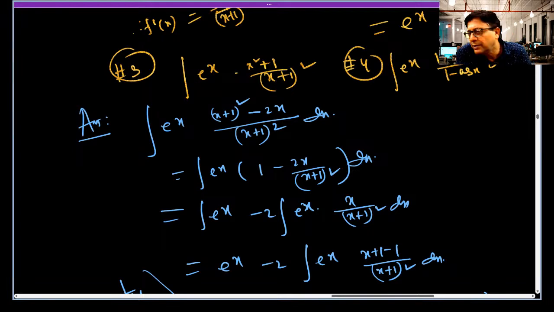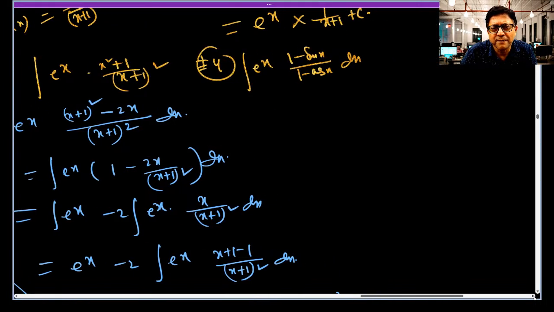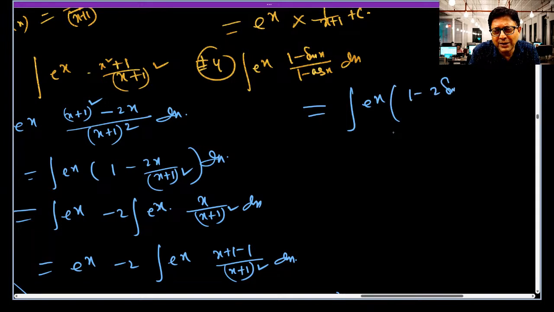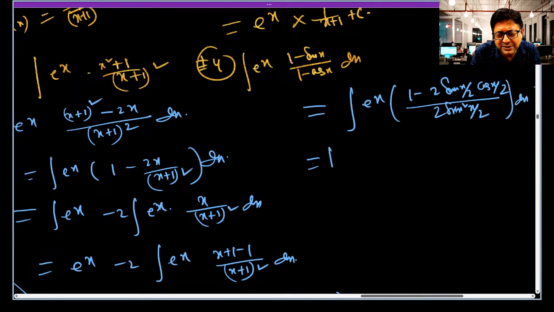So what to do here? Again e to the power x into f(x) plus f'(x). We will express that form. A little bit of trigonometric manipulation will be of great help here. Okay. So you write it in this manner: 1 minus, and this is 2 sin square x by 2 dx.